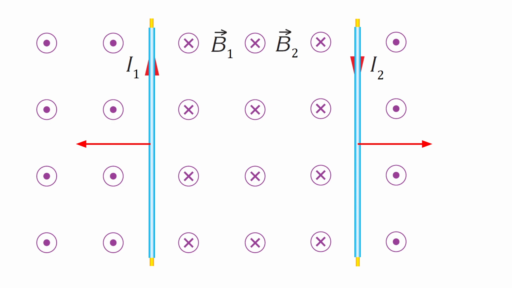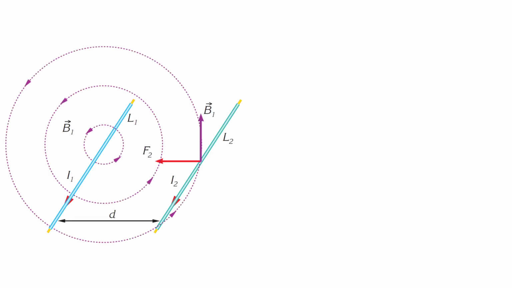Okay, but what about the magnitude of the force between wires? Consider two long, straight parallel wires separated by a distance of d, having lengths of L1 and L2, and carrying currents of I1 and I2 respectively, in the same direction as shown in the picture.